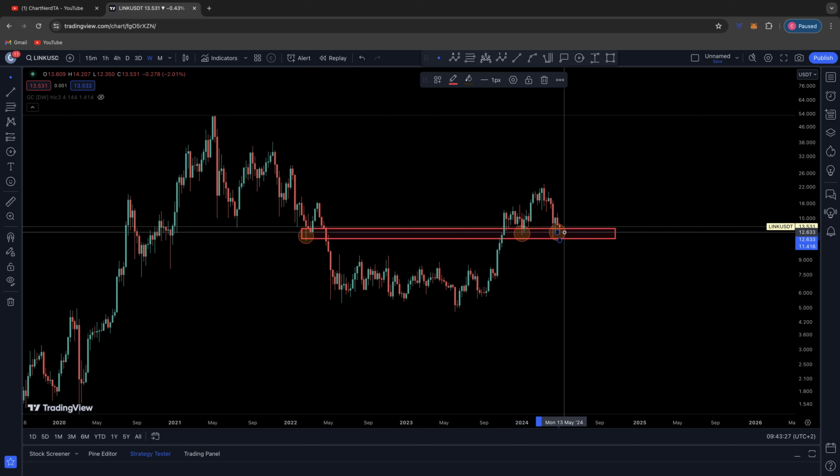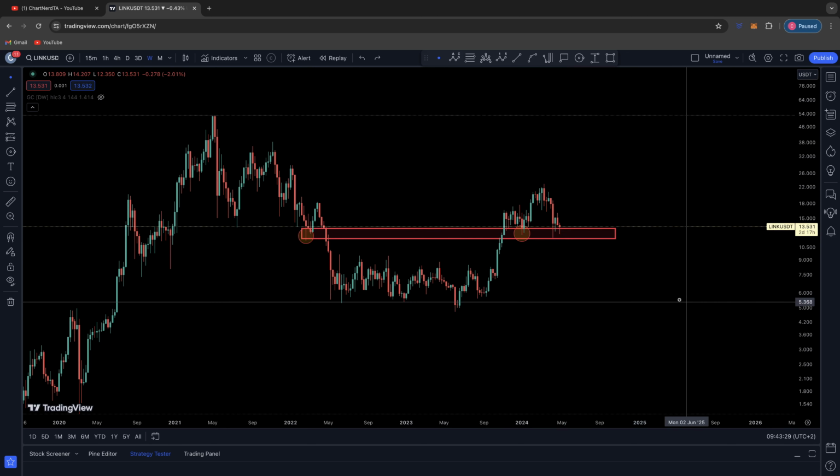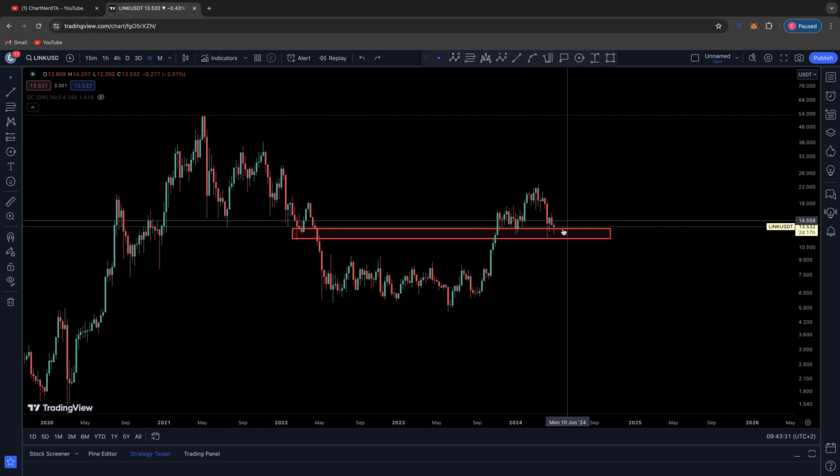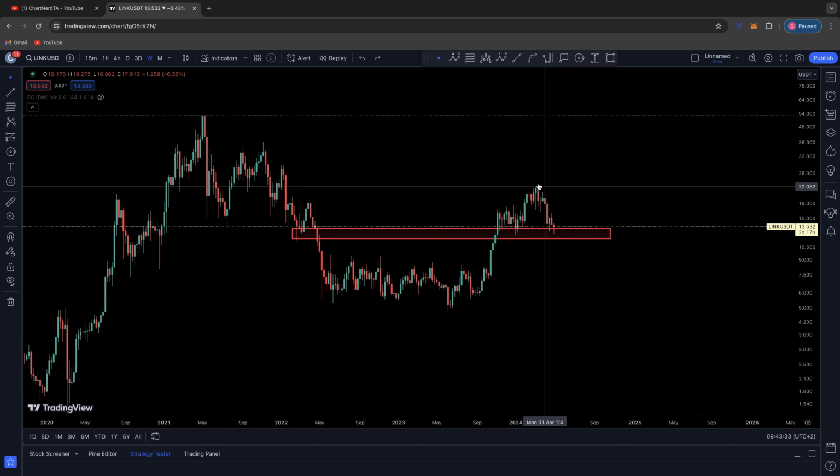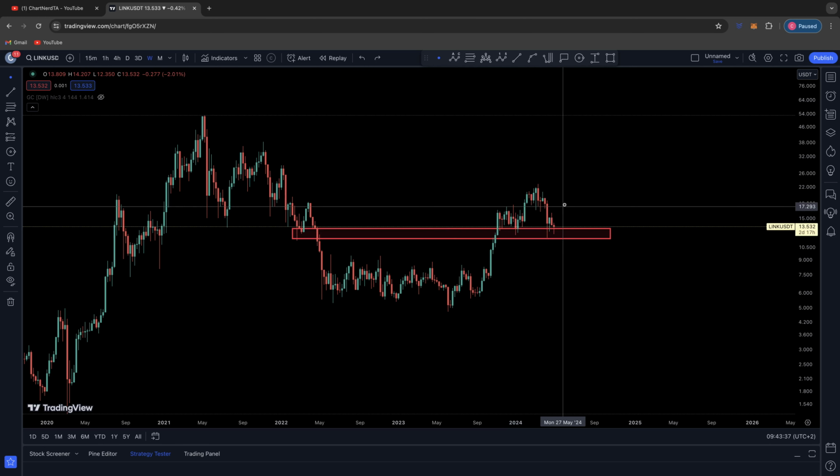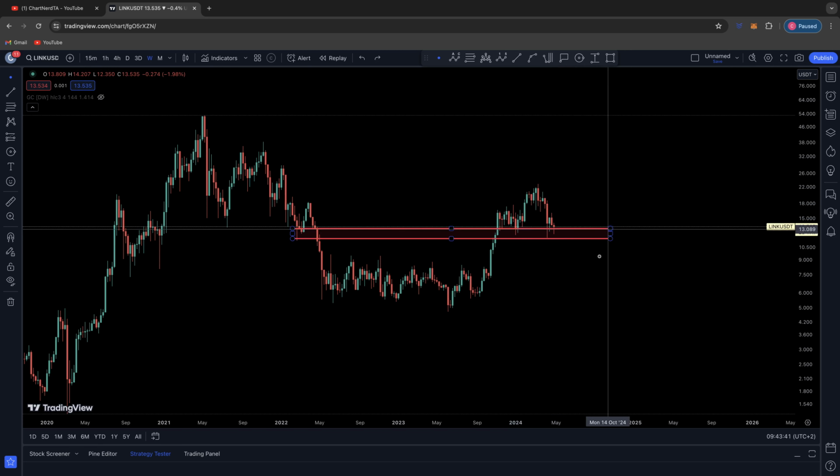So it's a very interesting point, and I think we are going to see some relief after the last few weeks of downtrend here, potentially. I do think we could see some relief, but there was a telltale sign in my Bitcoin video that I posted yesterday.